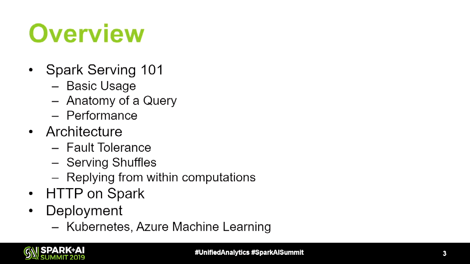And then we'll talk a little bit about a related project, namely HTTP on Spark, which is a fundamental integration between the entire HTTP protocol and Spark that handles the dual side, not just Spark as a web server, but Spark as a web client. And finally, we'll cover how to set this up in a variety of different ecosystems. So Kubernetes and Azure Machine Learning are the two that we'll focus on.